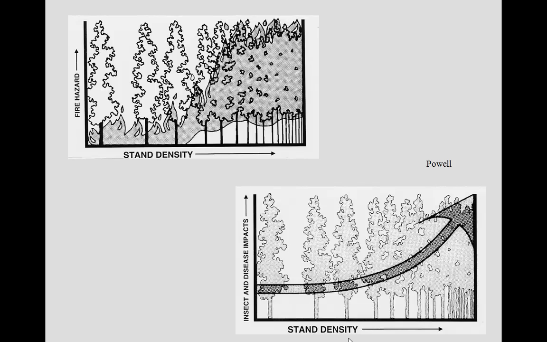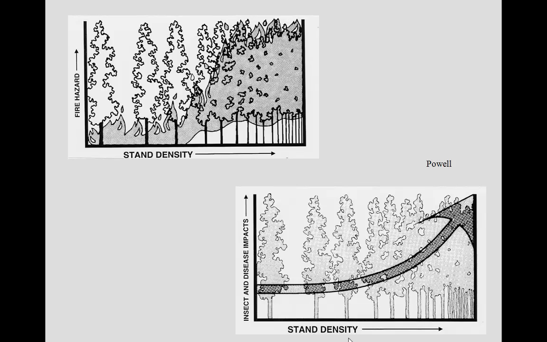Again, we could find exceptions to any generality, but it's really true. The change in fire behavior from a surface fire to a crown fire, for example, is supposed to be implied by the upper figure.